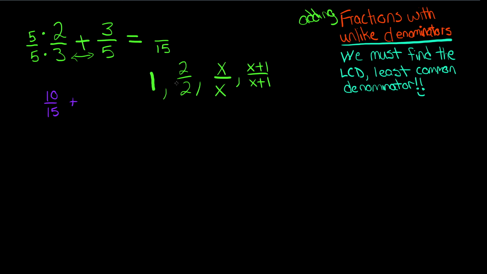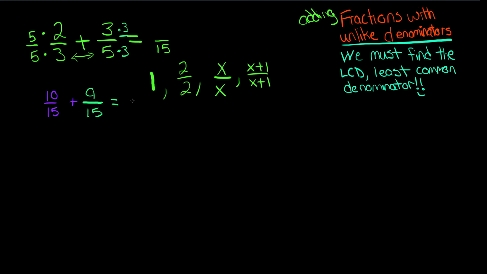So what number times 5 gives us 15? Well, that is 3, and we have to do that to the top. So we have our fancy version of 1, but with the 3's. So 3 times 3 is 9, all over 15.